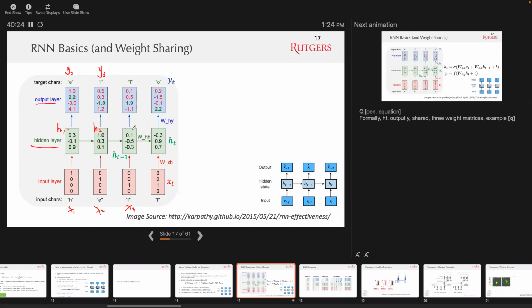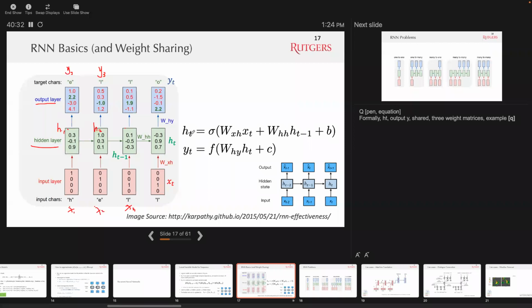Now let's talk about how you compute every node in this recurrent neural network. Let's look at this equation here. Our goal in a recurrent neural network is that given all this input x, we would like to compute all this output y. In the middle, we will need to compute h, the history containing all the information up to time step t.